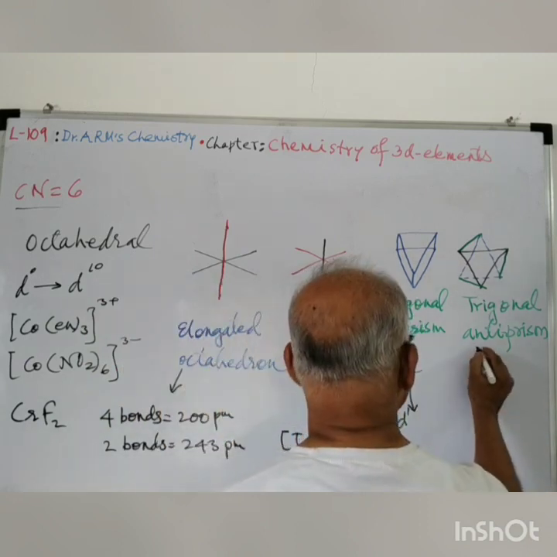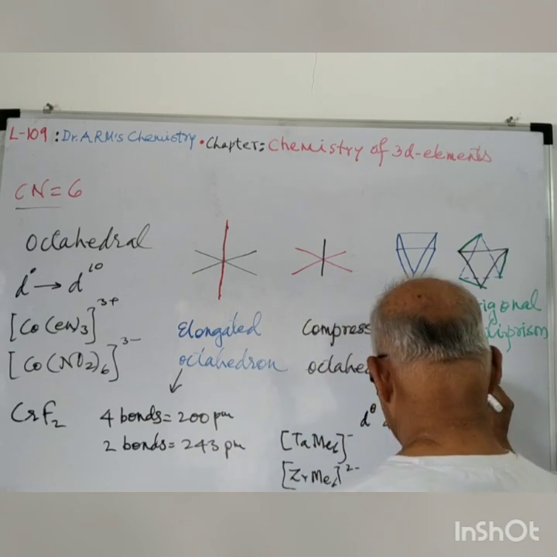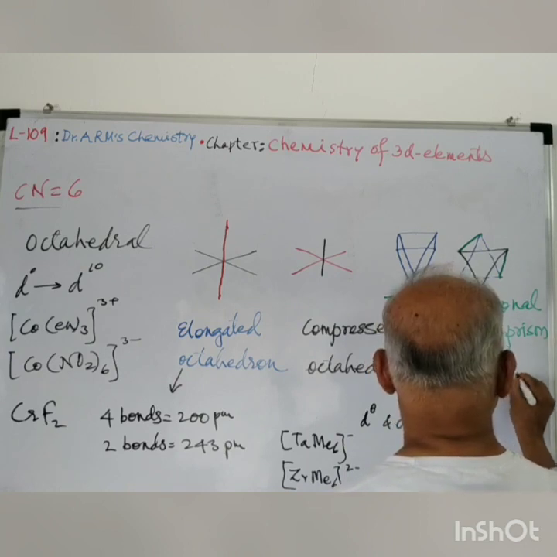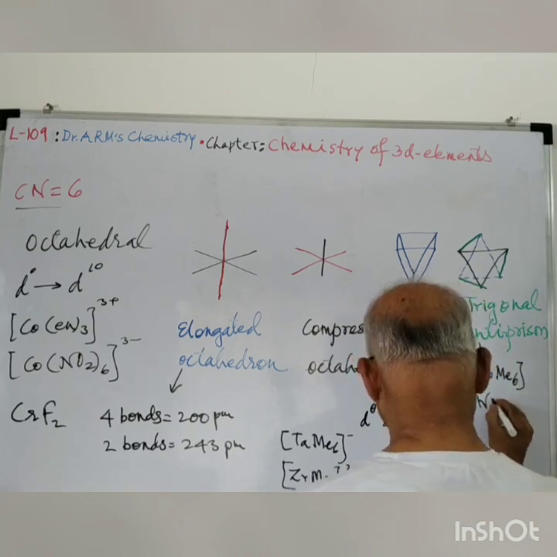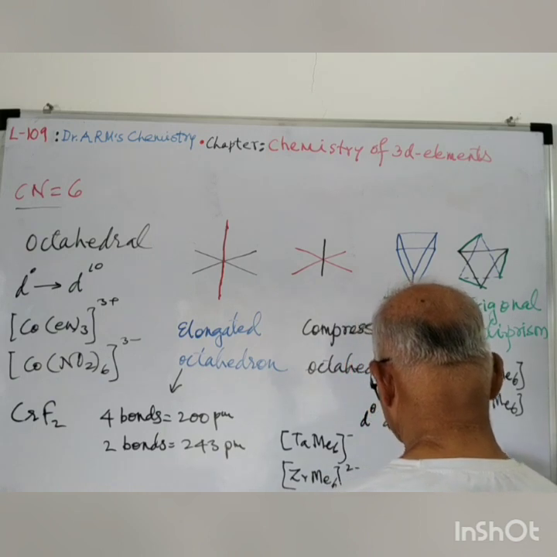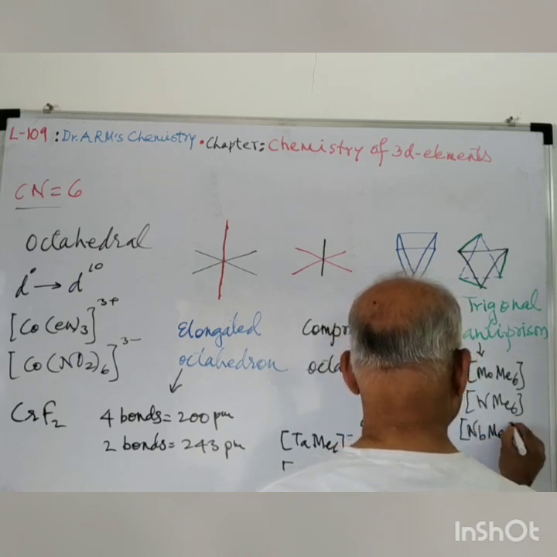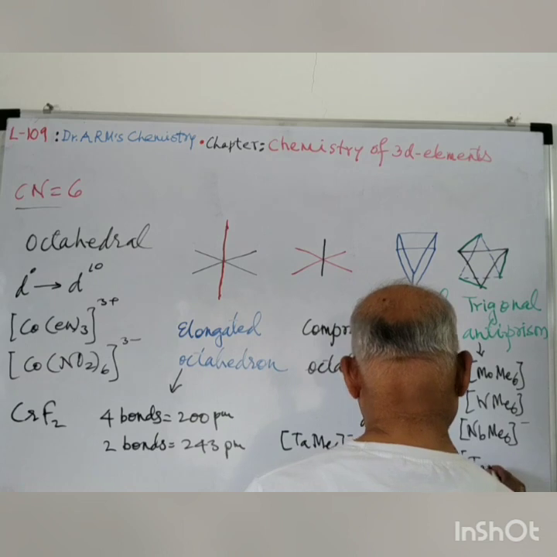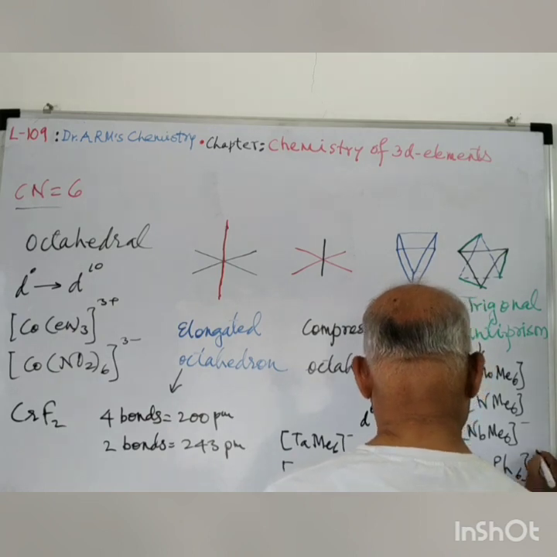Then some examples with d0 configuration: MoF6, then tungsten WF6, then NbF6 minus, and TaF6 minus.